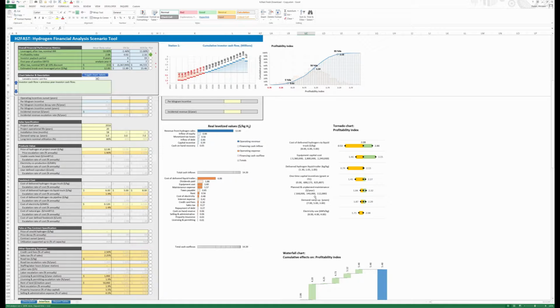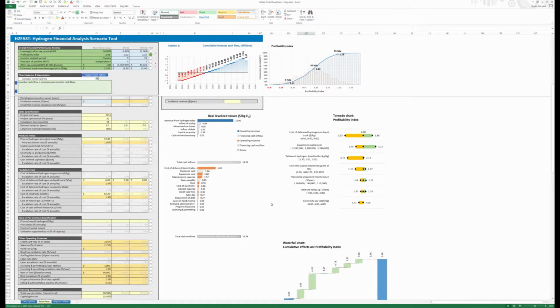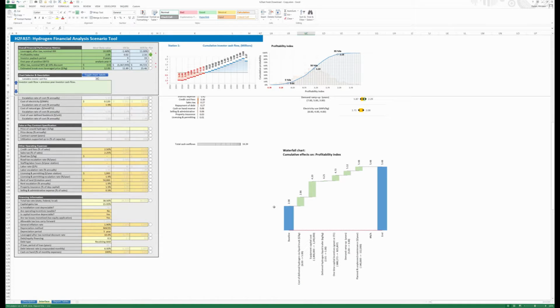And you can look at each of the parameters and how they're impacted by the minimums and maximums that are specified for each of the ranges. You also have a waterfall chart. What this means is what happens if each of the parameters is varied in the best possible direction.